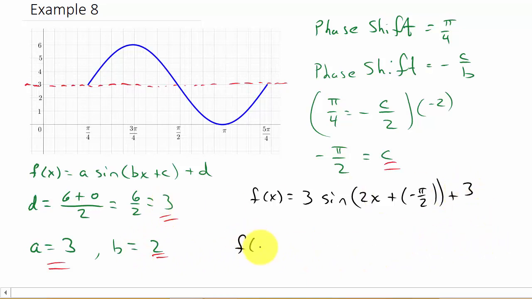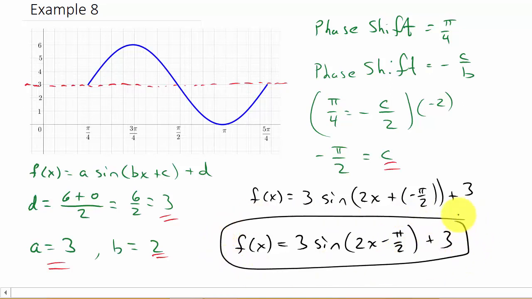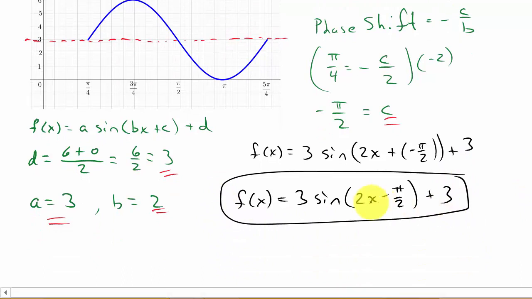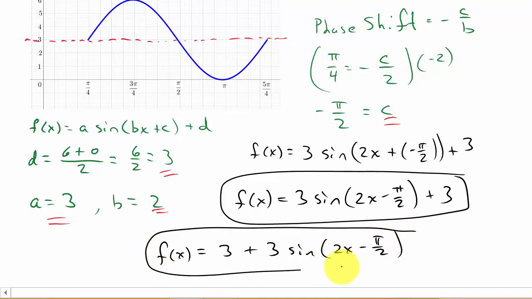So if I write this, f of x is equal to 3 sine 2x minus pi over 2 plus 3. And there's your answer. And I will say this, with the vertical shift, sometimes you might see it written like this, 3 plus 3 sine 2x minus pi over 2. And that's fine too. Either way is going to work. You can write this 3 behind everything, or you can write it in front.